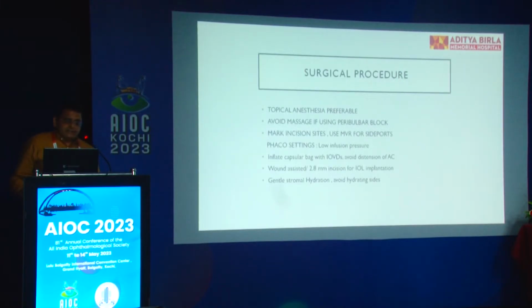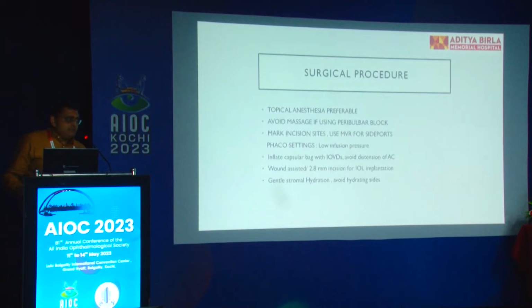While implanting the lens, inflate the bag. Do not overinflate the anterior chamber with OVDs because they might cause the intraocular pressure to rise and the RK cuts may just give way. We can implant the IOL with a 2.2 microincision or 2.8, but remember, if your IOL power is nearing say 28, 29 or 30, these lenses are much thicker.